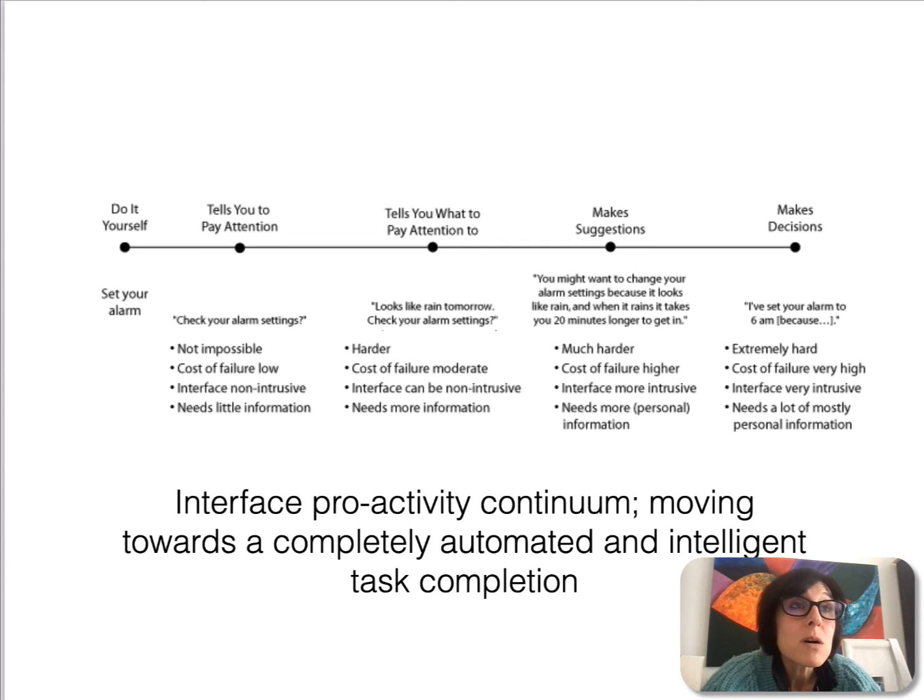And it needs much more personal information, such as where the user normally goes to, which direction the user takes. So it's based on past history. Again, this is why it gets more intrusive here, because it has to have a more accurate user model of users' past actions, users' behavior, users' preferences and needs.